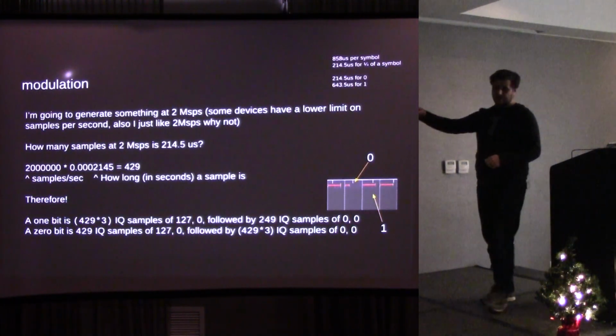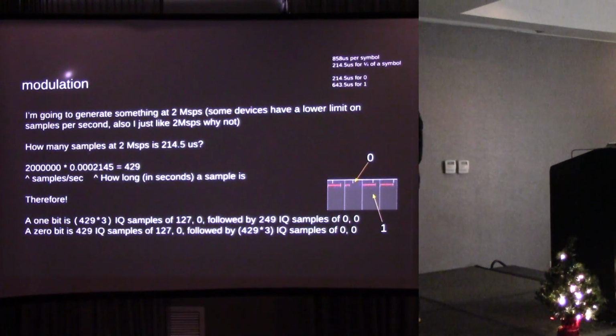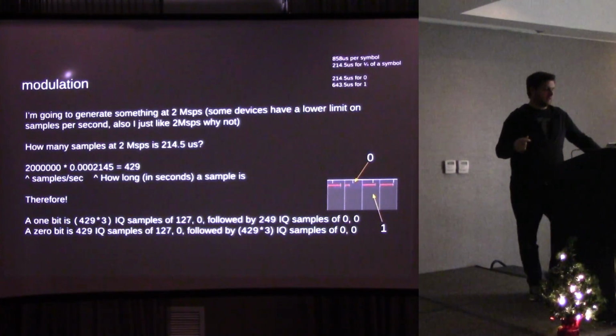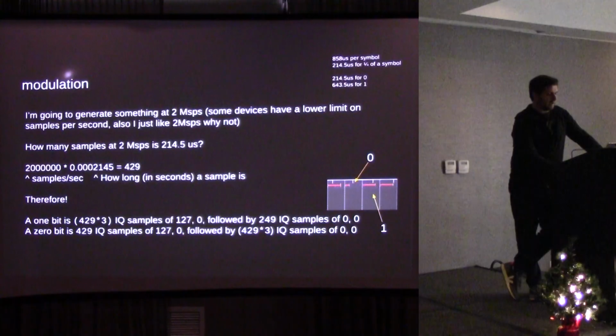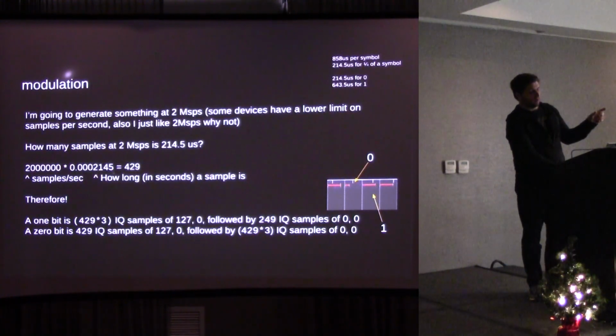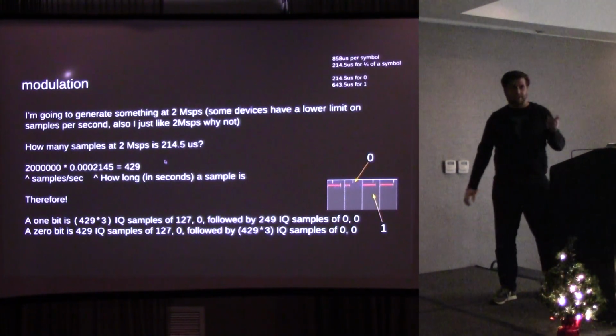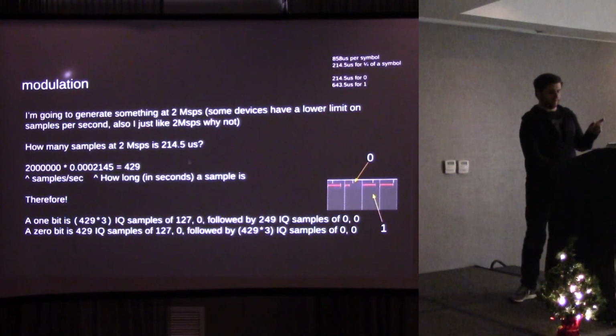The first thing that we need to do here is figure out how long in duration that is. So if this is 2 million samples, we need to figure out what fraction of that is that quarter to transmit on or off. If we go back to how long our sample is, that 858 number, we multiply that through for the 2 megasamples per second, we get 429 samples is equivalent to one of these windows here.